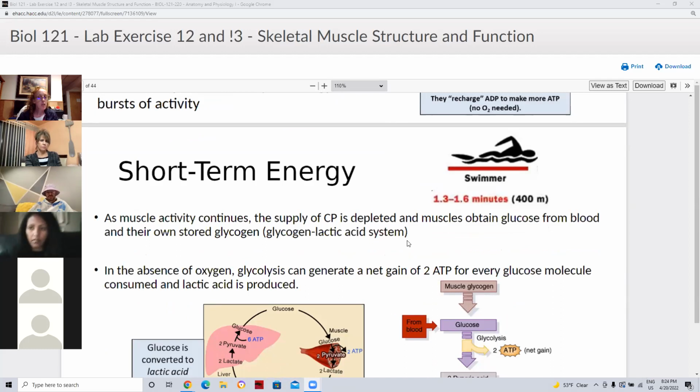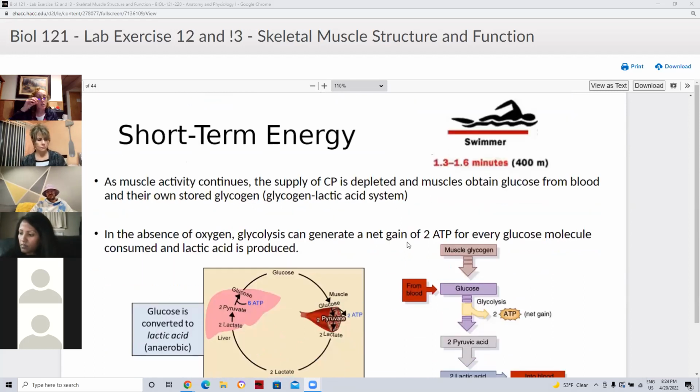And the muscles obtain glucose from the blood and their own stored levels of glycogen. Remember, glycogen is a stored form of glucose. In the absence of oxygen, glycolysis can only generate 2 ATP for every glucose molecule consumed, and lactic acid is produced.